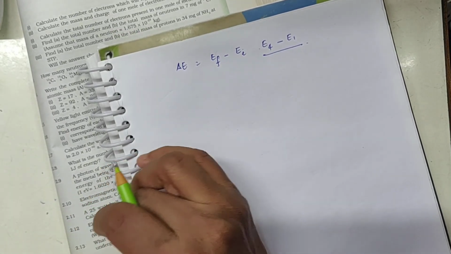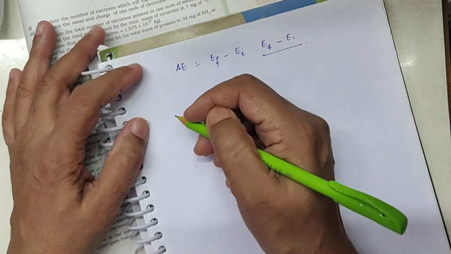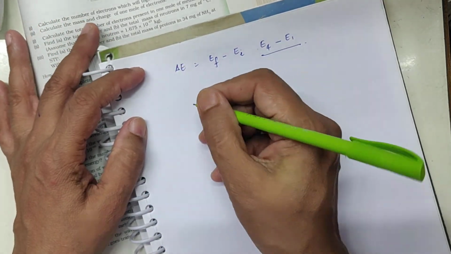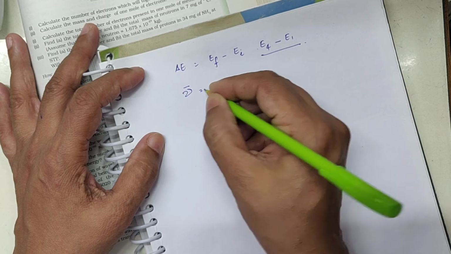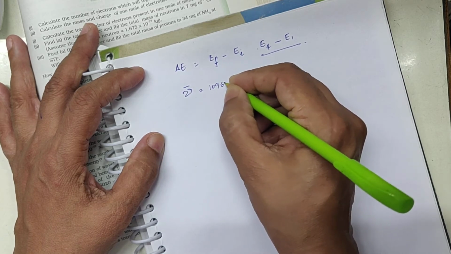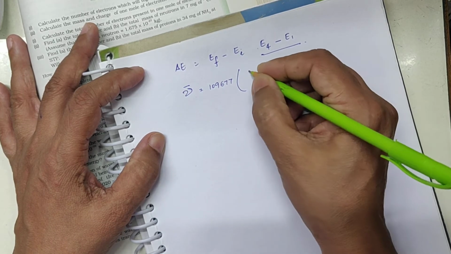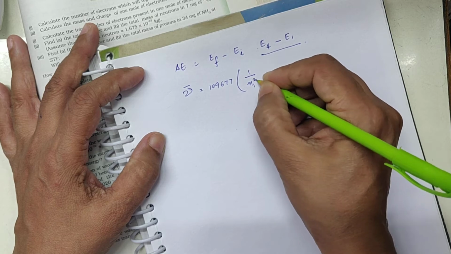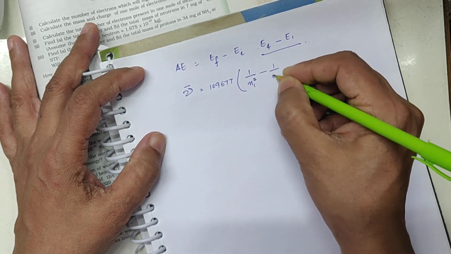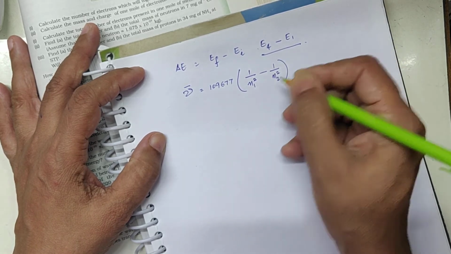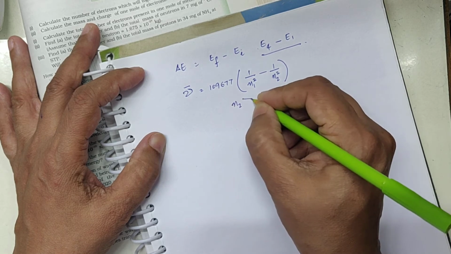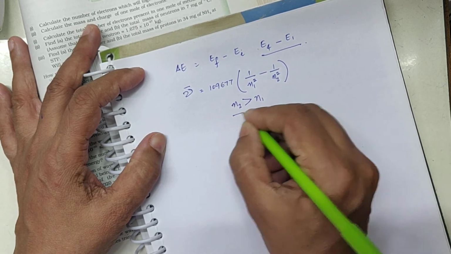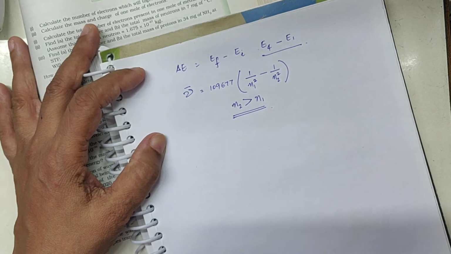Since he is asking you the wavelength of light emitted, you go by the wave number formula. That is, wave number is equal to 109677 into 1 upon n1 square minus 1 upon n2 square, where n2 is greater than n1. This condition you have to follow.